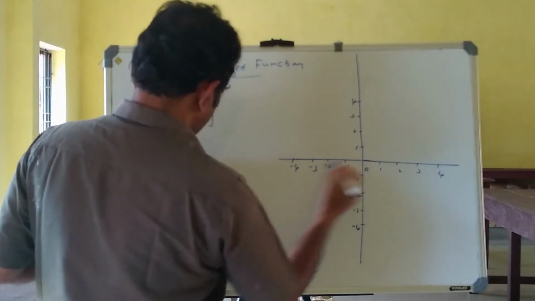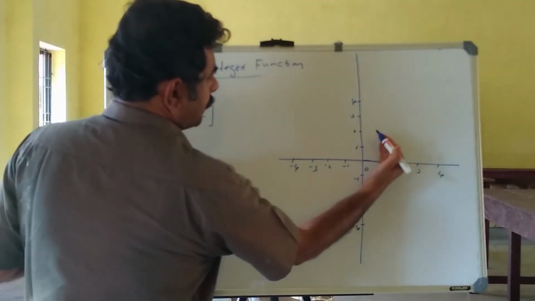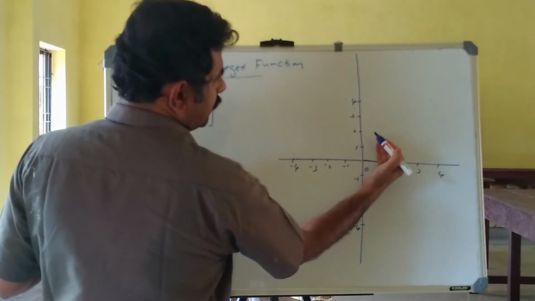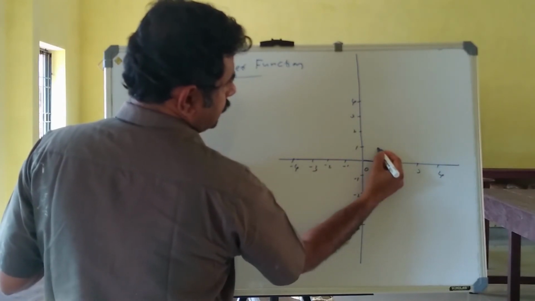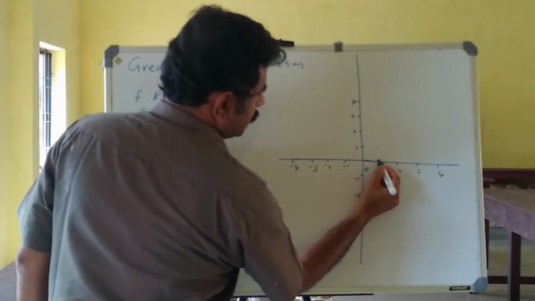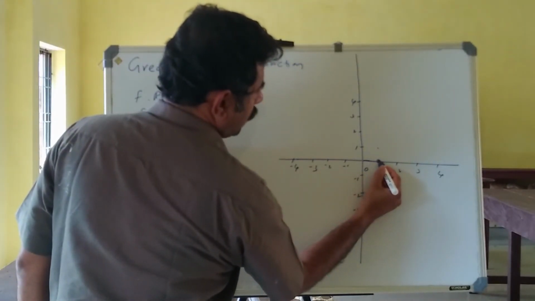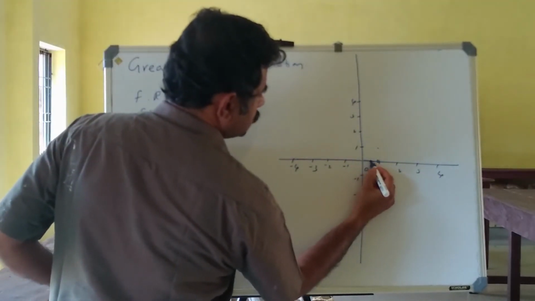But for 1, the greatest integer value of 1 is what? 1. Including 1, the greatest integer value of this 1 is 1. Here, this 1 is not included on the line, so we draw a small circle here and draw a straight line up to this point.